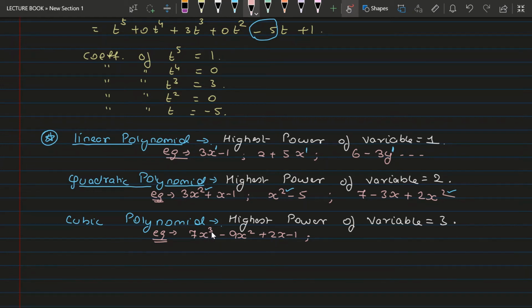Because the highest power over here is 3, it is a cubic polynomial. If you take one more example, x cube minus 9x plus 1. Again, the highest power is 3, so it becomes your cubic polynomial. So, that is about your different types of polynomials.